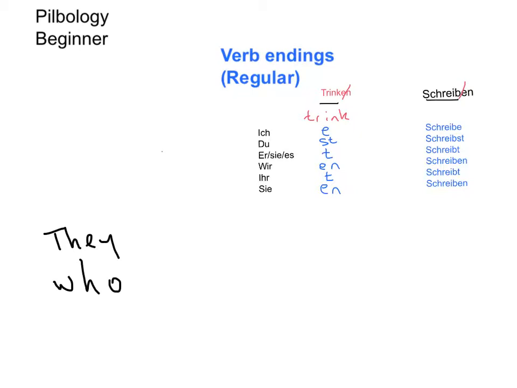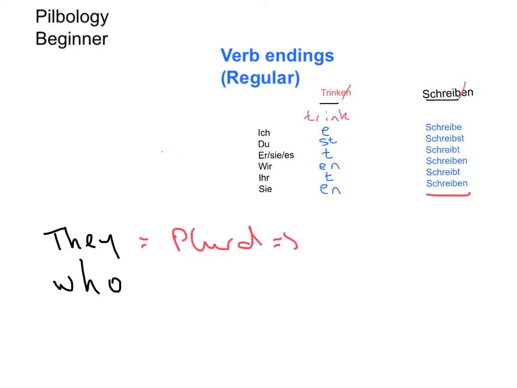Or my brothers write, they write, sie schreiben. Okay? So they is a plural, and it generally replaces a plural word, either brothers, sisters, uncles, parents, or, put in another way, two names.